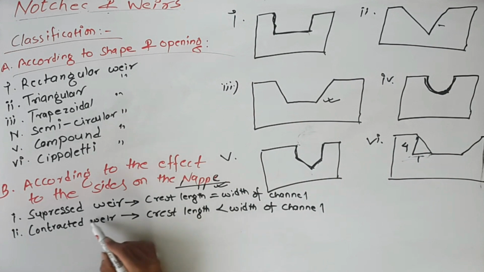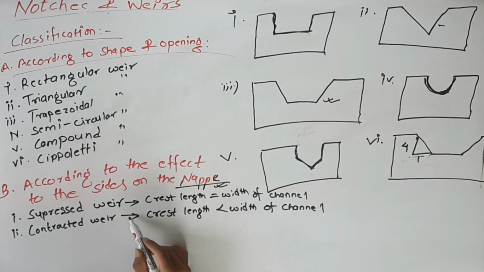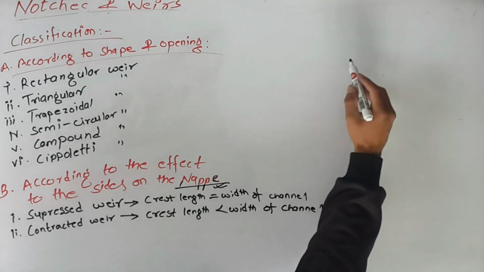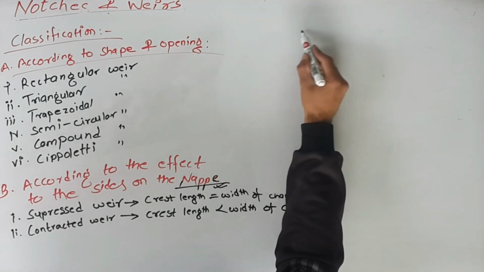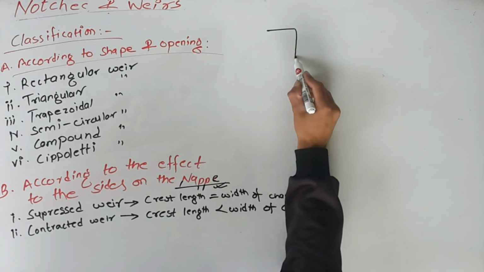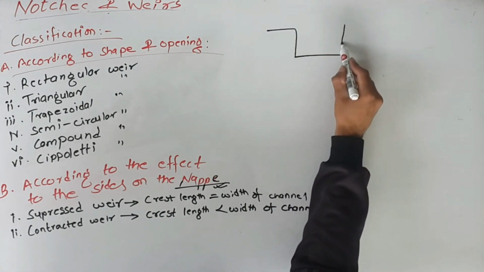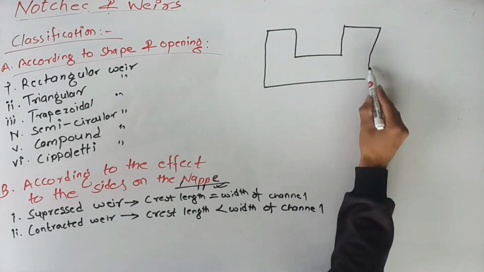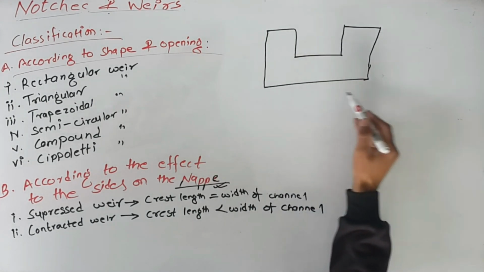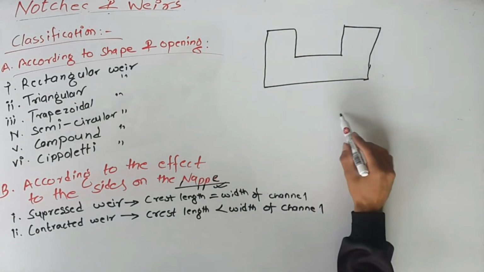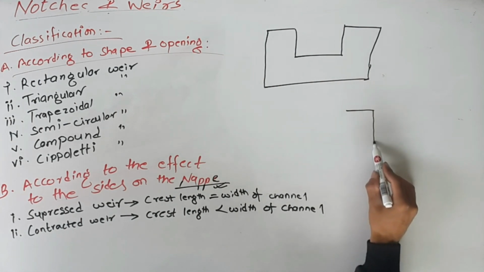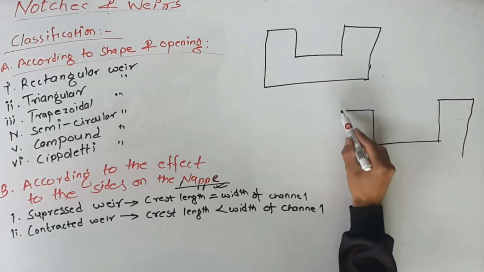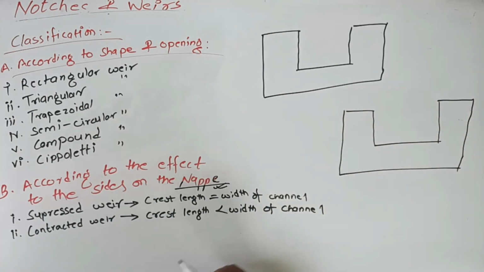If you do not understand this, I will try to make you understand by drawing a simple figure here. Here I will make the rectangular weir. This is rectangular weir, and I will make another also. Here are 2 figures.